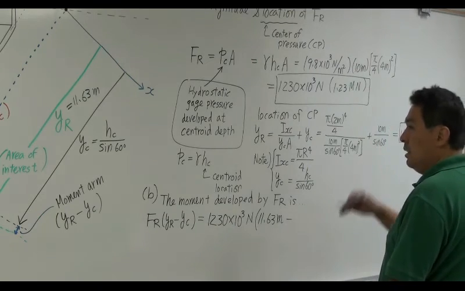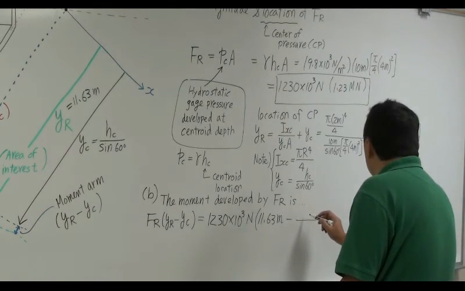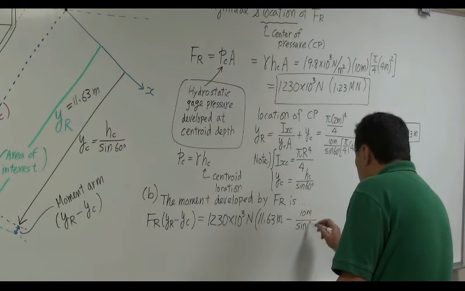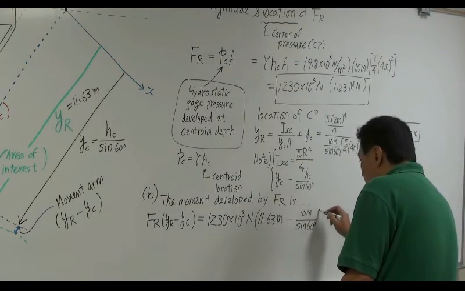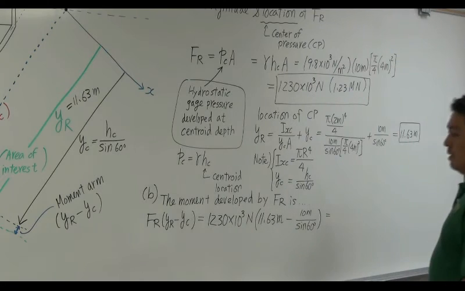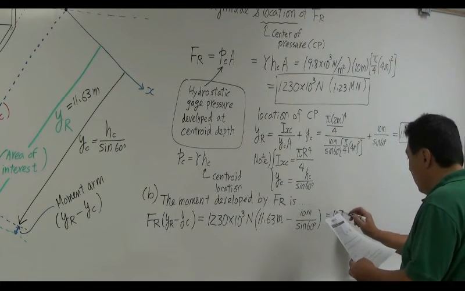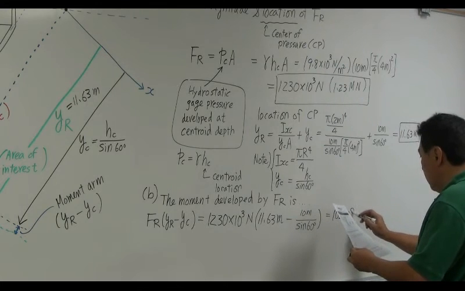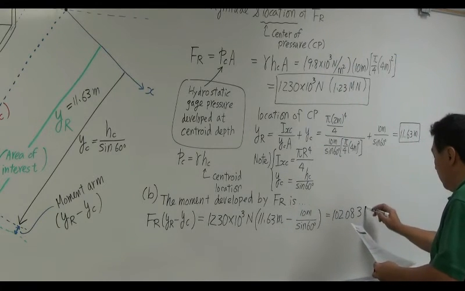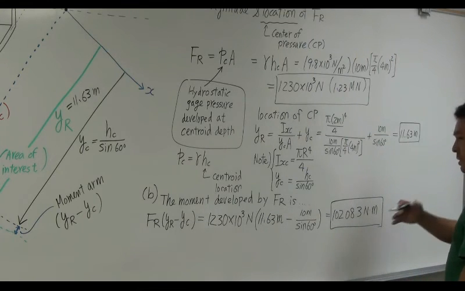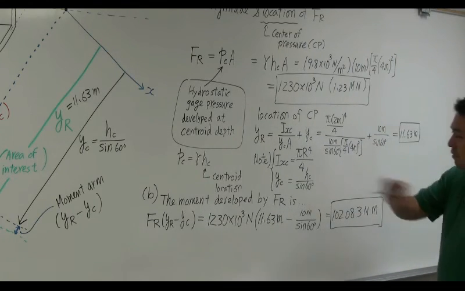Subtract YC, which is 10 meters divided by sine 60. This is going to get you the moment, 102,083 Newton meters. Keep that in mind. This is the moment developed by F1.